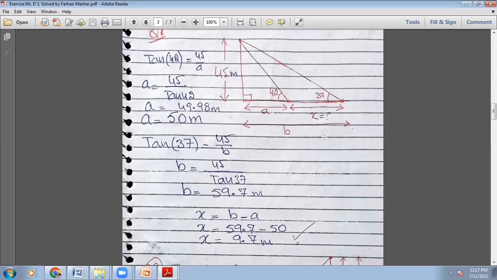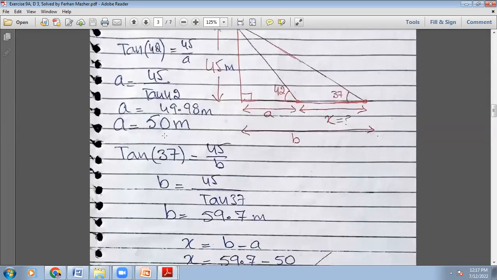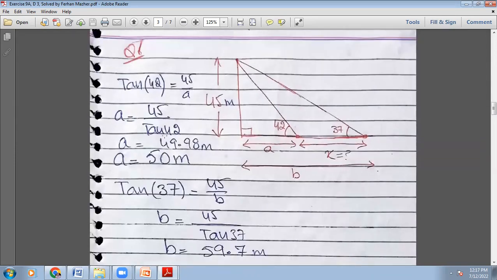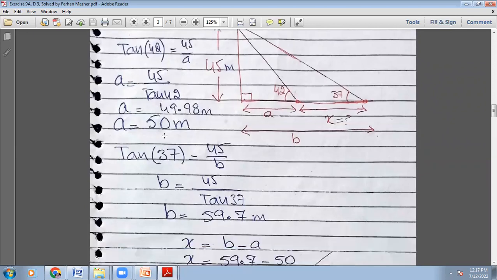So X, the distance between the two points, will be B minus A. So that will be 59.7 minus 50, and that will be 9.7 meters. So this is how you will do it. This is question number 7. Look at it carefully. This is how this question is done.